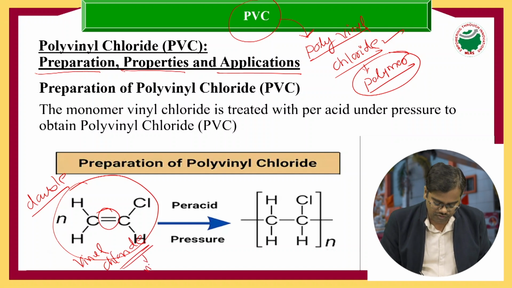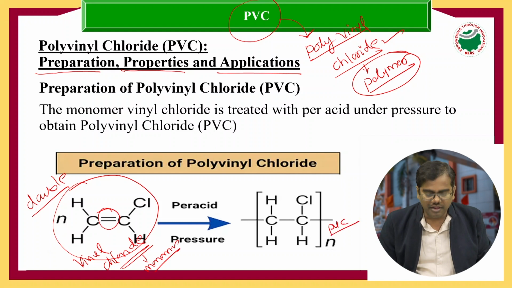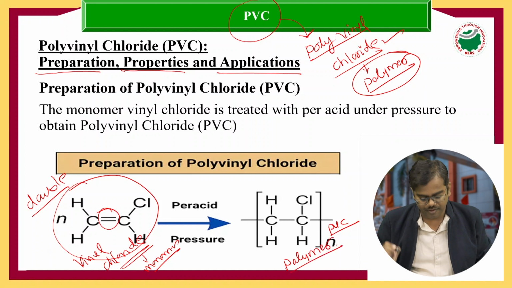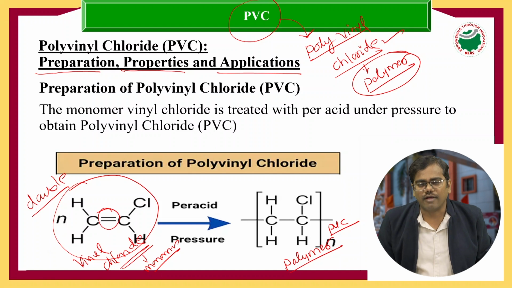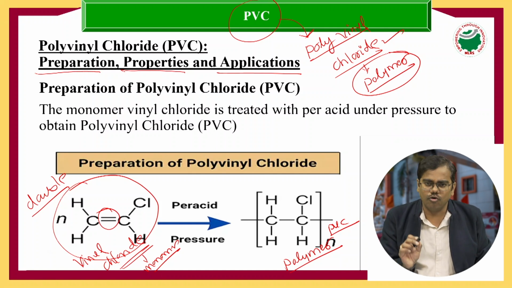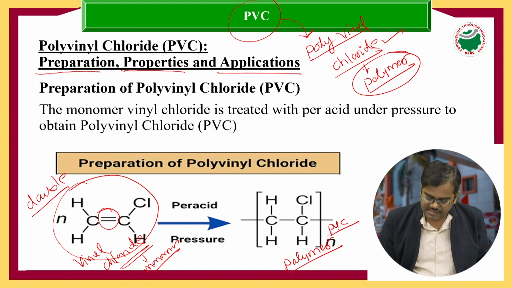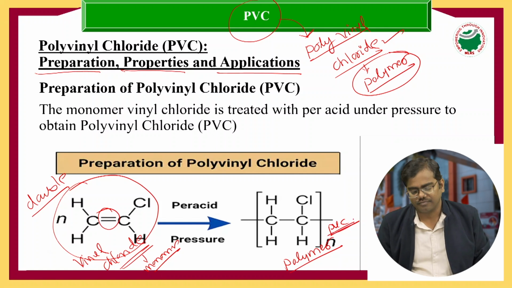So this one is called the monomer, and PVC, polyvinyl chloride, is the polymer. Vinyl chloride is the monomer and polyvinyl chloride is the polymer. Next point.